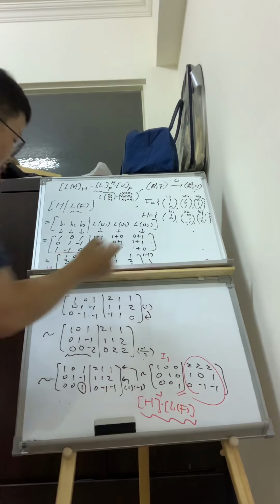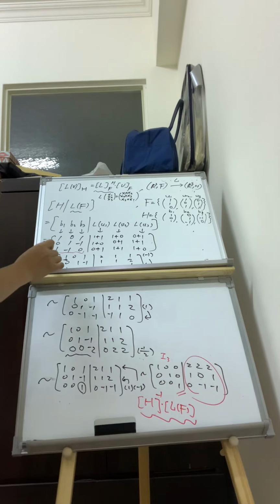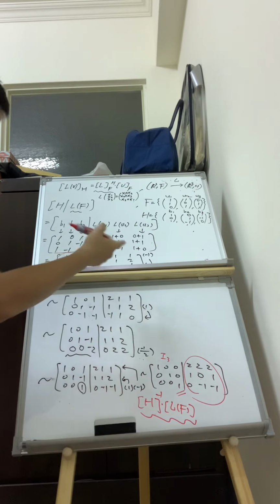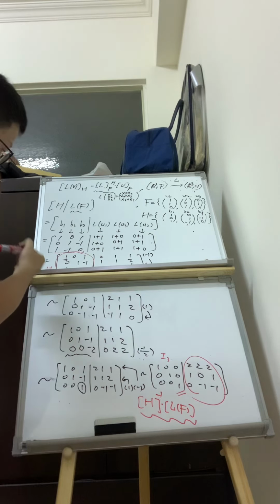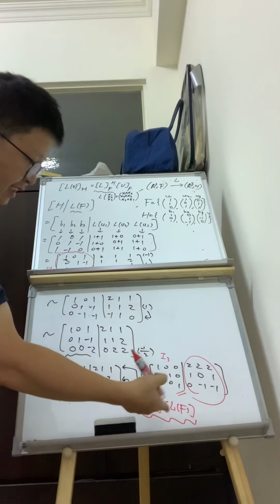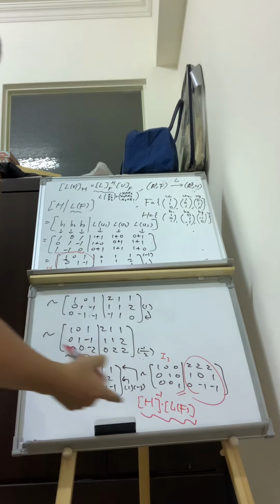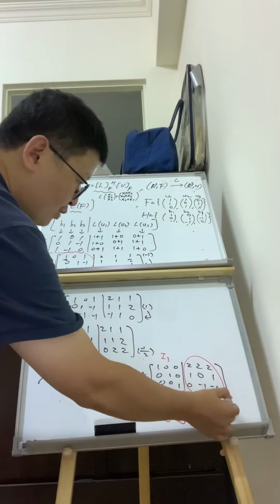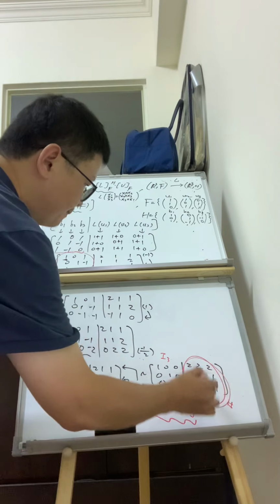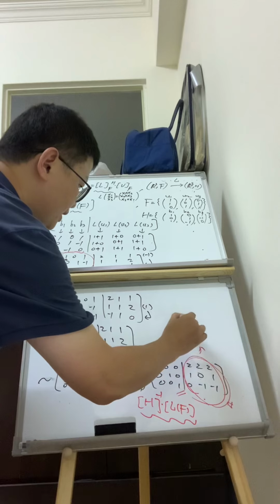So of course, you also could figure out its inverse and consider the product of H inverse and LF directly. Otherwise, you also could use this way to figure out their product, and it's the solution. It's our solution. It's the matrix representation.